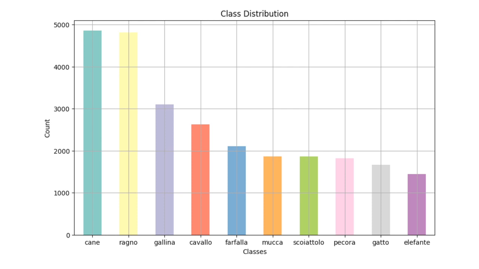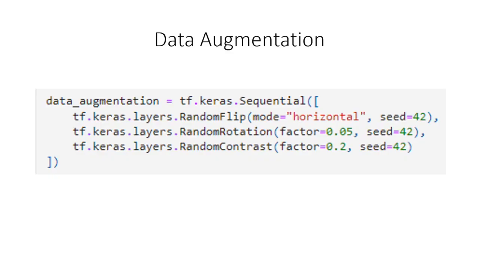You will notice that cane and ragno have significantly more data points than others such as gatto and elephant. This may lead to the model favoring cane and ragno over other less common classes. As noted previously, this data set consists of more cane and ragno data than some of the other classes. In order to counteract and reduce the likelihood of overfitting, we performed data augmentation.